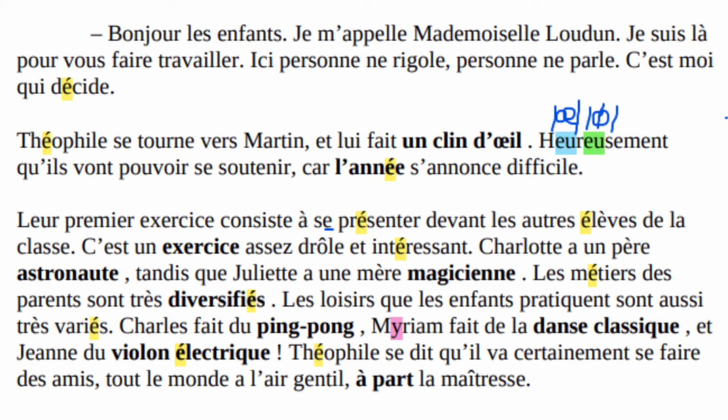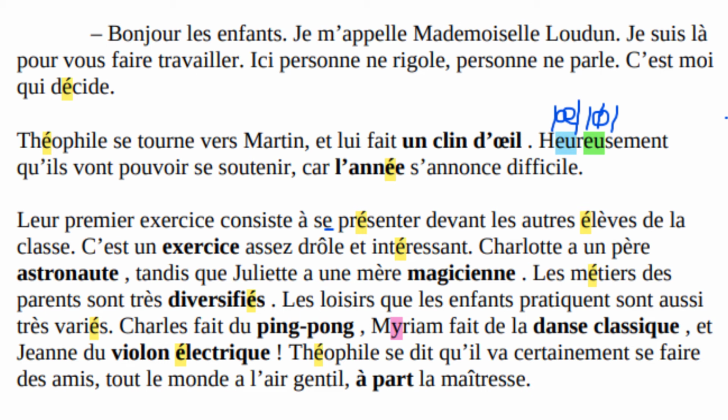Heureusement. So for heureusement, we have EU twice. The two gives the sound E. So we have heureusement. Qu'ils vont pouvoir se soutenir car l'année. For année, we have our E accent aigu.